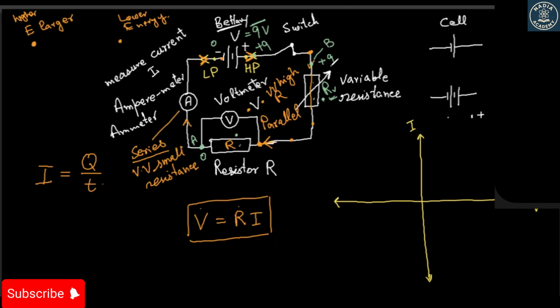And when we increase the resistance of this variable resistor, there is less voltage over here. Now, what would you see? With this circuit, by increasing the potential difference, the current will also increase, and it will increase linearly. So, a straight line.